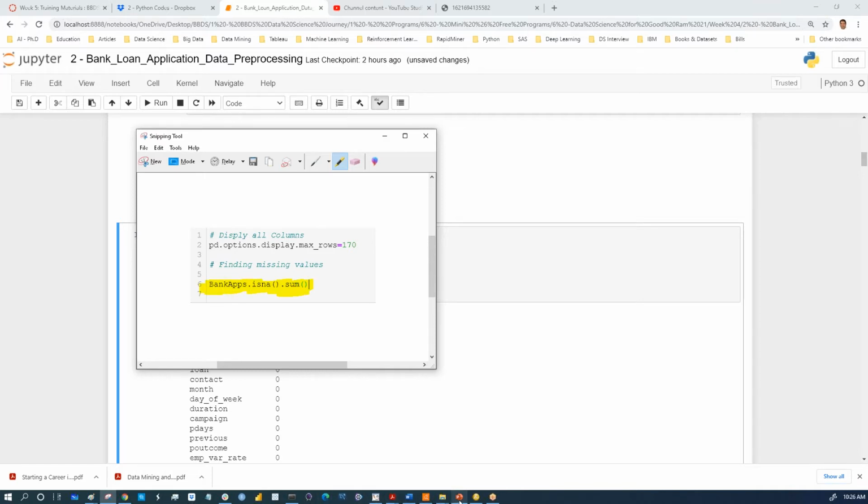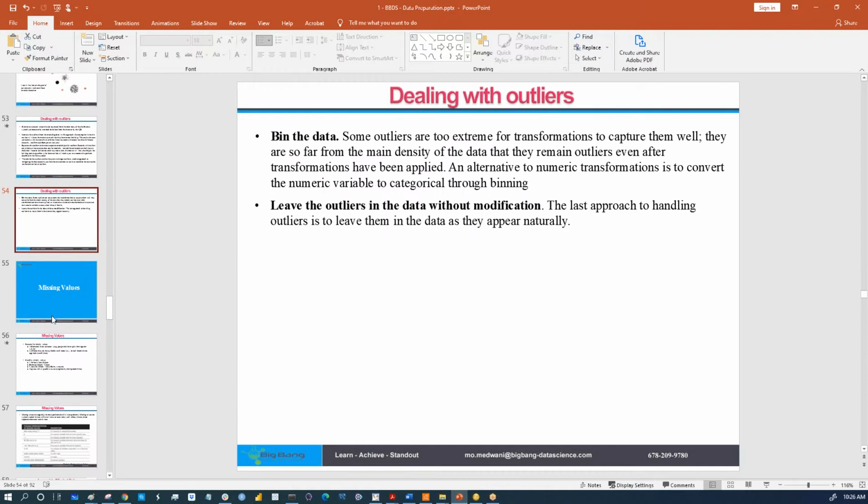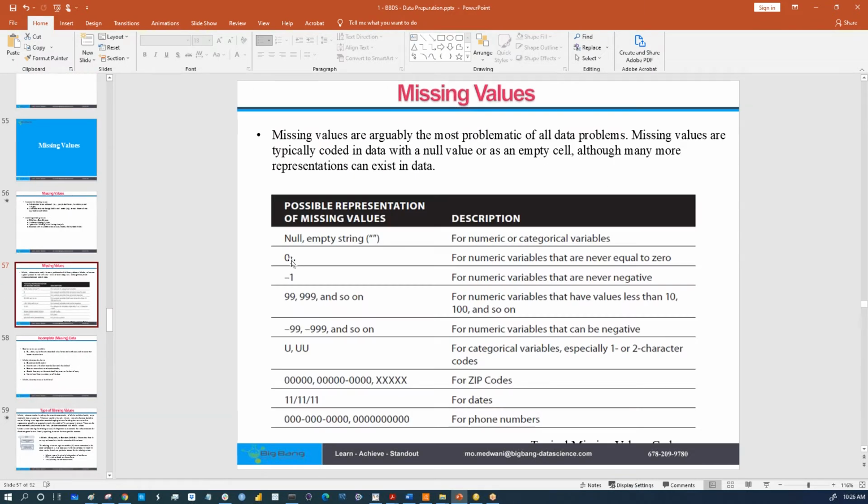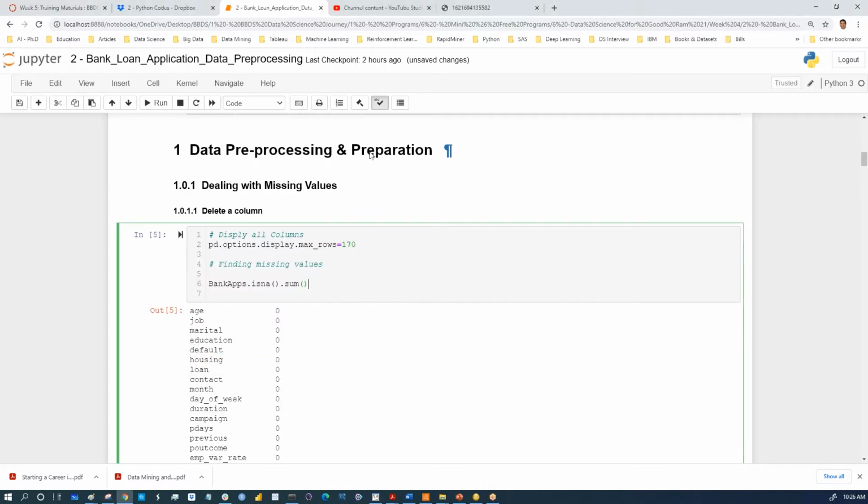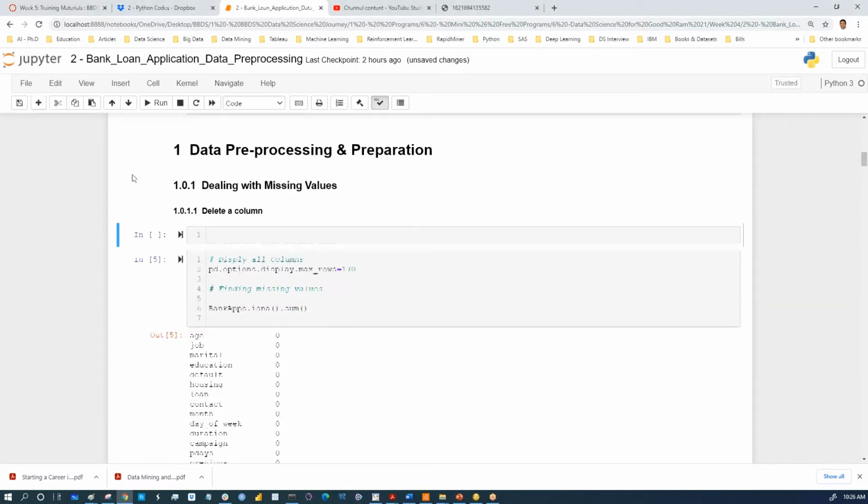If you have a missing value represented by 0, -1, -111 or 99, it will not detect it. One method to help you detect this type of missing value is using statistical analysis.